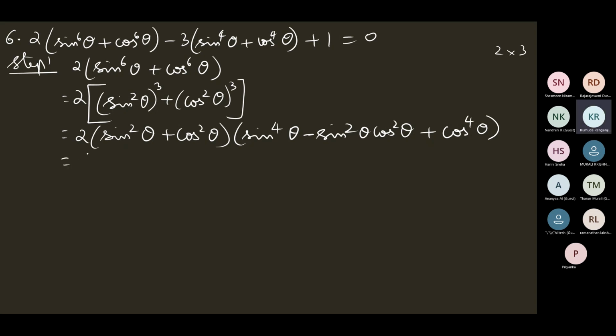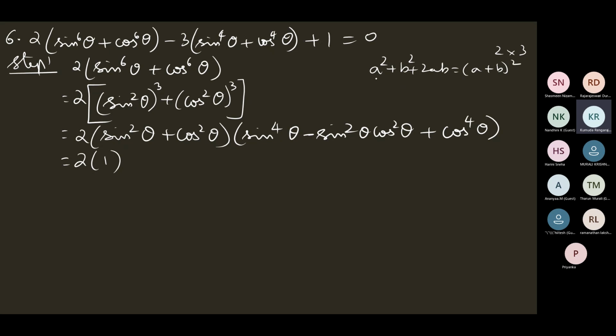So this is nothing but 2 into 1, since sine square theta plus cos square theta is 1. And in the other bracket we have sine theta to the power 4 and cos theta to the power 4. Again, this must be simplified further. We know that a square plus b square plus 2ab is equal to a plus b the whole square.